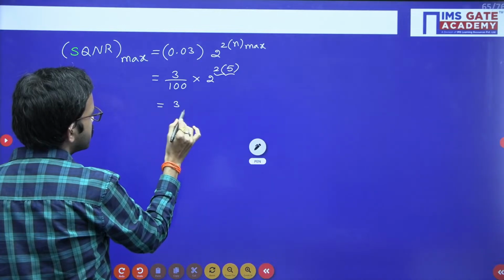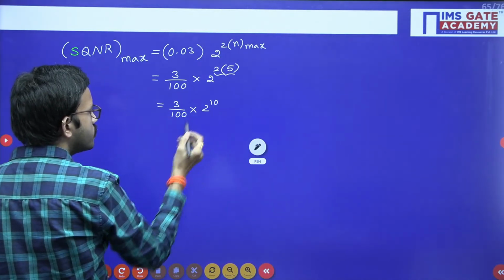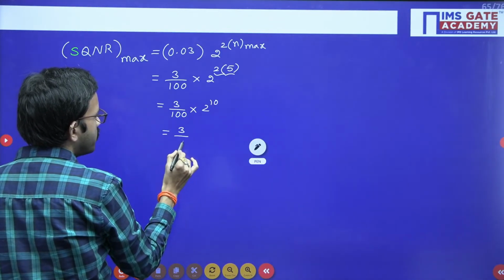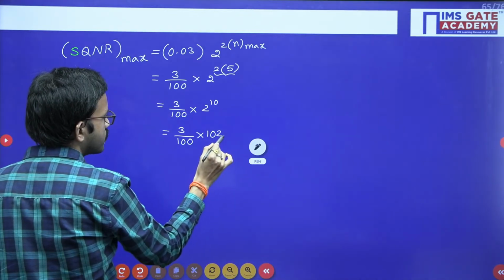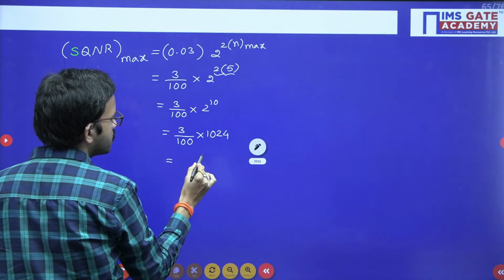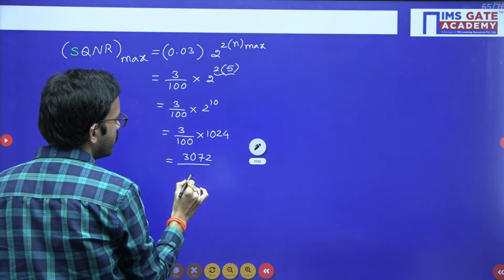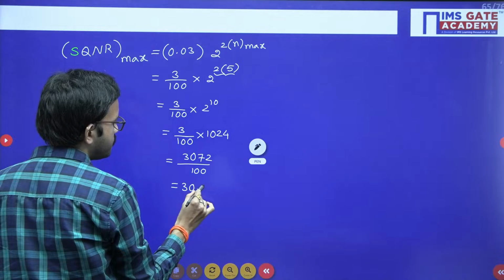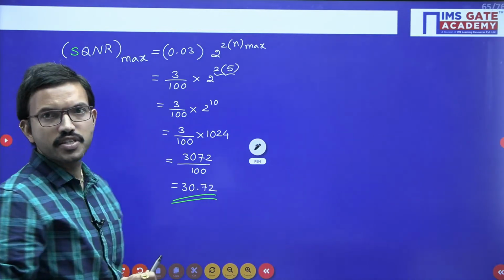So you are getting 3 by 100 into 2 power 10. I hope all of you know this standard value: 2 power 10 is nothing but 1024. When you multiply these two numbers, you get 3072 divided by 100, so you are going to get 30.72. So the answer for this question is 30.72.